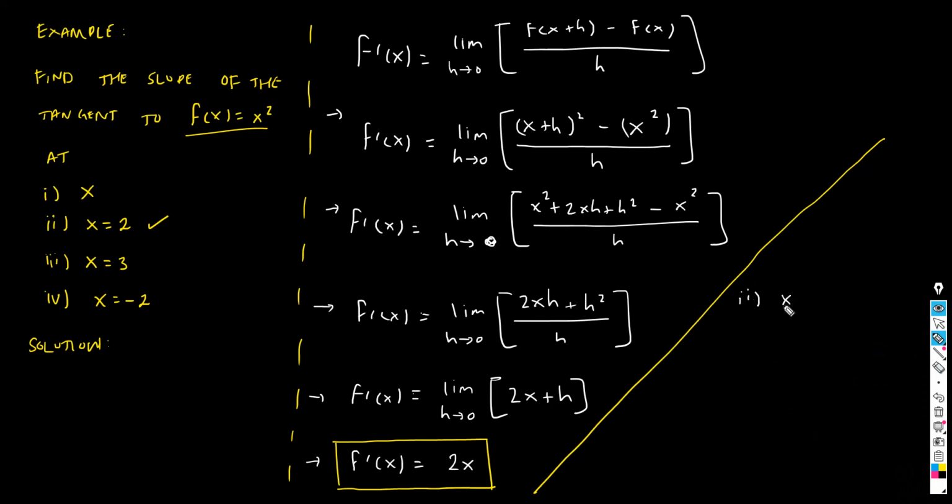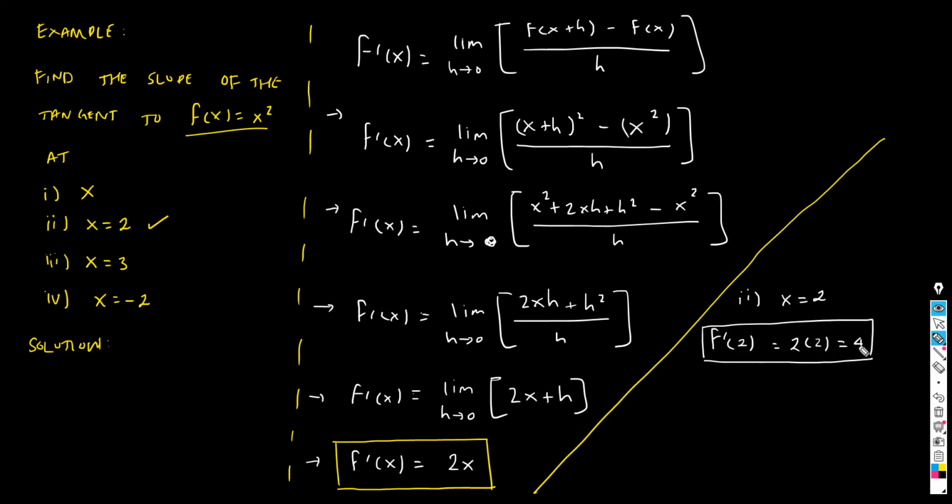What's going to be the slope when x equals 2? Well, the slope will be f prime of 2. You see, I'm just substituting, equals 2 times 2, which is going to be equal to 4. This is my answer for the slope of the tangent to this function at the point 2.